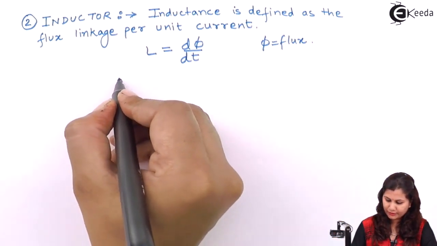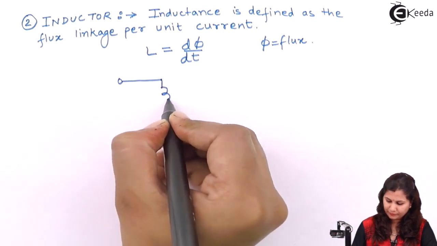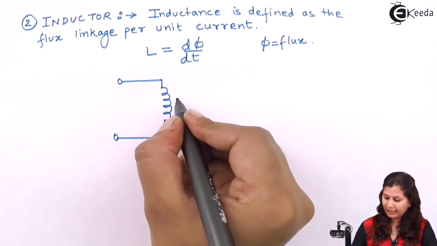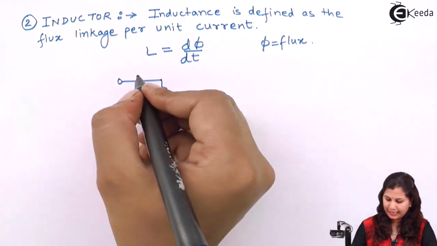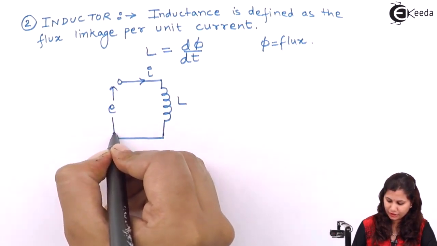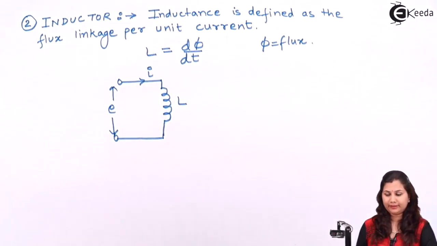Let us draw the circuit for it. It is an inductor having the inductance L, I is the current flowing through it, and E is the voltage applied across its terminals.